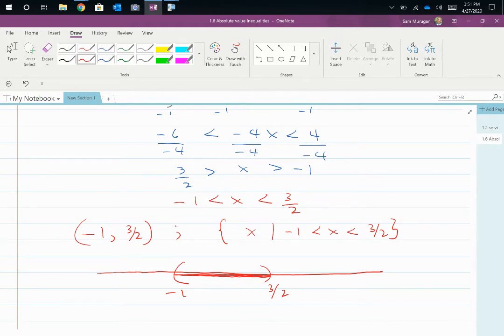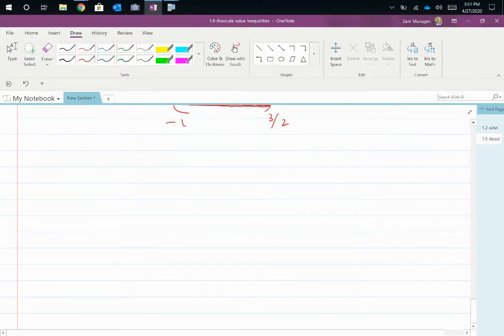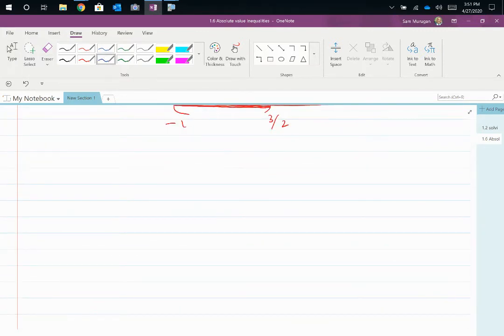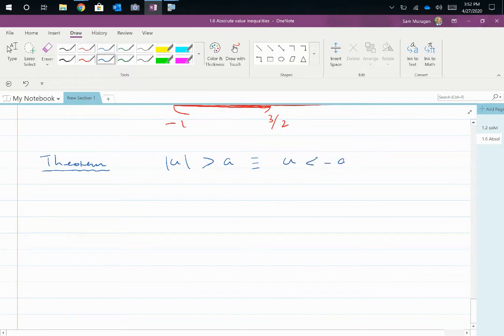Now let us examine the theorem related to greater than problems. So the theorem says that absolute value of u greater than a is equivalent to u less than -a or u greater than +a.